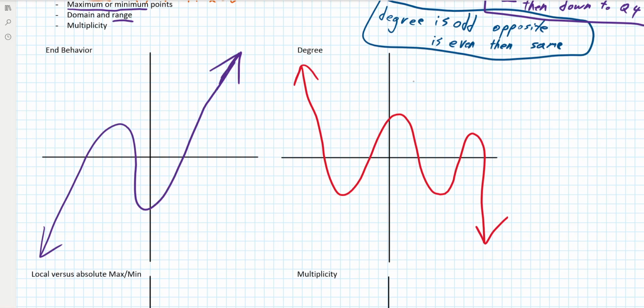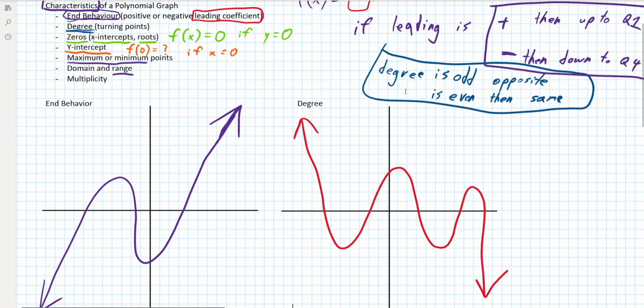Okay, what is the degree of this graph? Well, actually we haven't even mentioned this yet, but turning points are a major component of this. So turning points are basically, you count up every point where it is actually changing direction, the slope changes direction. So this has 4 of them, and then you add 1.